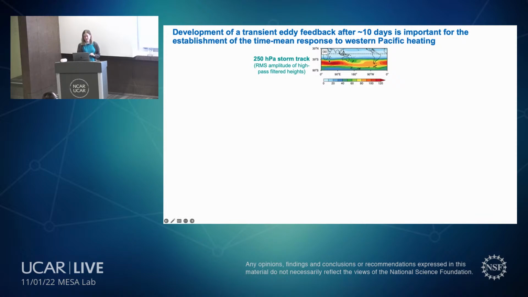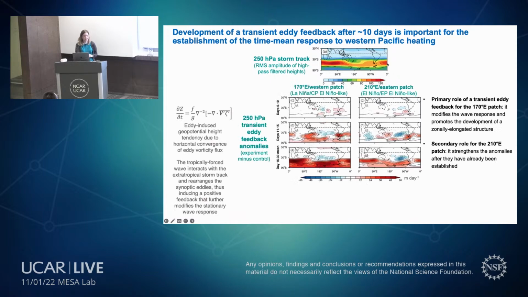And what we can see is that there is this strong region of enhanced transient eddy activity across the southern Indian Ocean, as well as in the South Atlantic Ocean. But there's less indication of enhanced transient eddy activity associated with the subtropical jet along 30 degrees south in the southern hemisphere.